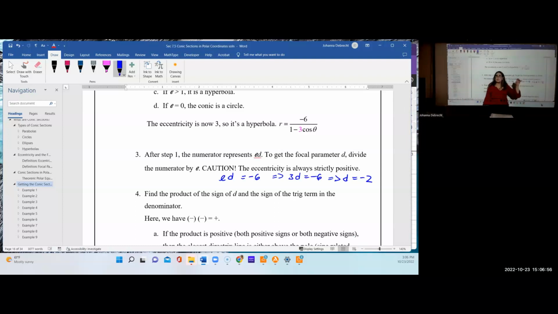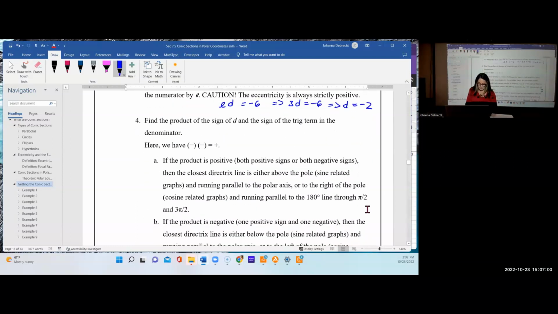So I've got 2 negatives, and 2 negatives multiply together to make a positive. Because it's positive, it's going to be located in the positive direction. If it's sine, it will be above. If it's cosine, it will be to the right. In our particular equation, it was cosine, so we know the directrix line is going to be to the right.